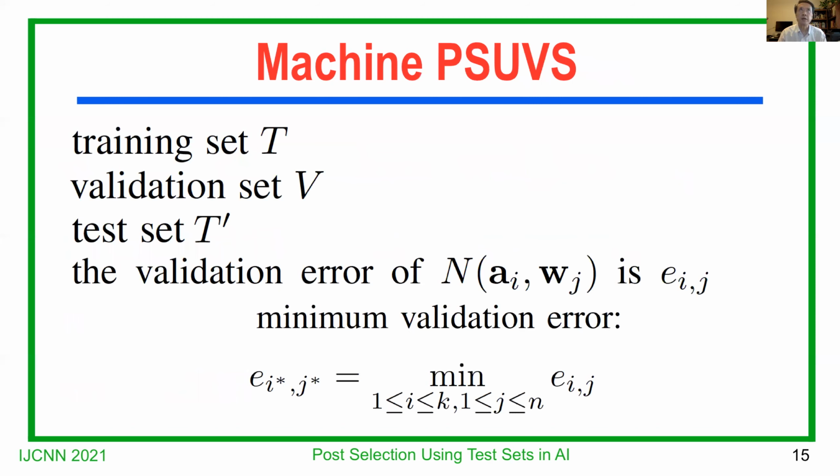Machine PSUVS, post-selection using validation set: you have a training set T, a validation set V, and a test set T prime. The validation error of a network starting from A_i and weight W_j is E_ij. The post-selection using validation set tries to find the random weight starting seeds that minimize the error, so E_i*j*.